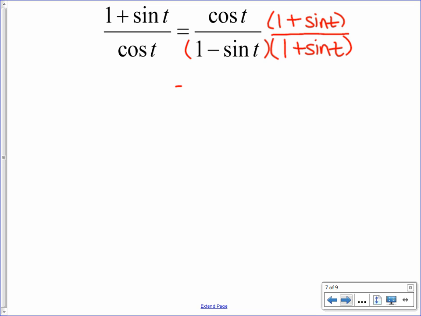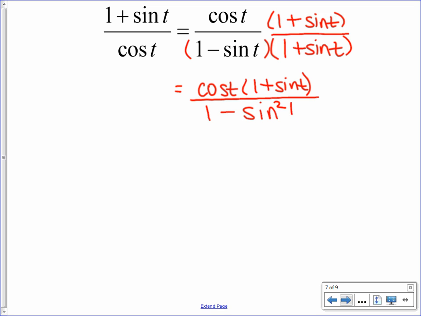When we multiply by the conjugate, we have cosine of t times 1 plus sine of t. And our denominator becomes 1 minus sine squared t. The whole point of multiplying by the conjugate is so that we can get a Pythagorean identity. Look at your Pythagorean identity. What is 1 minus sine squared?